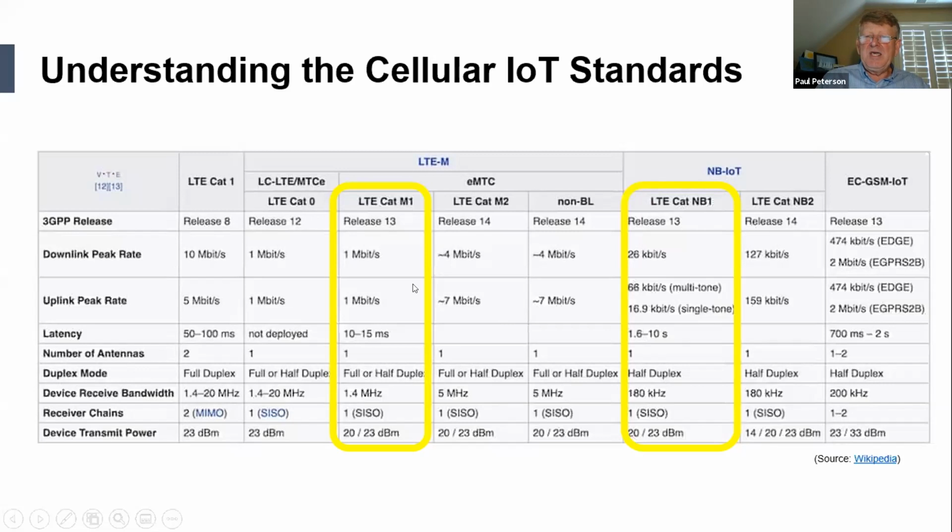What's interesting is these are targeting the lower IoT bandwidth. In LTE Cat M1, we can see download speeds of up to about 1 megabit per second. It can be either full or half duplex, with 1 antenna, simpler to implement.